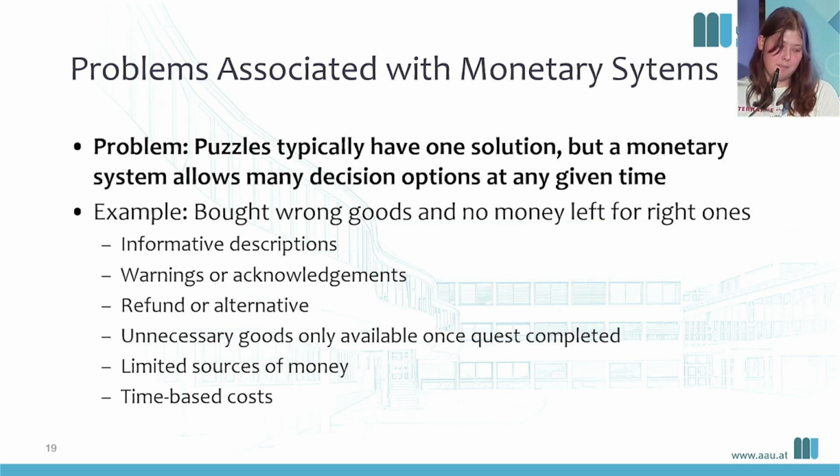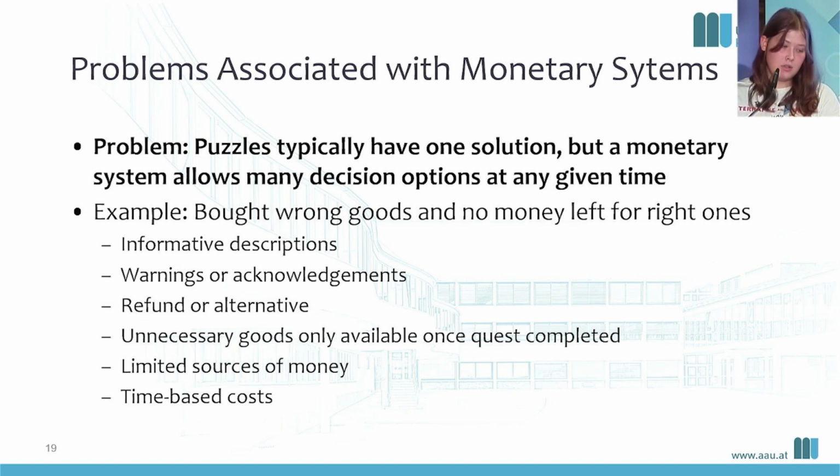Also, we could include refunds or alternatives, like if the player bought the wrong goods, they could trade it for the right one, or could get the right goods in another way, like maybe finding them in a treasure chest or something like that.